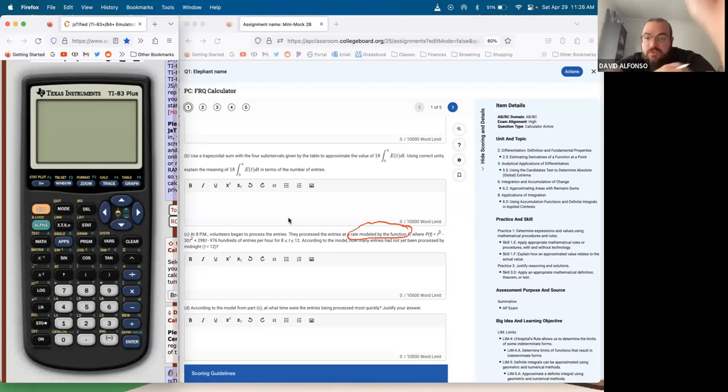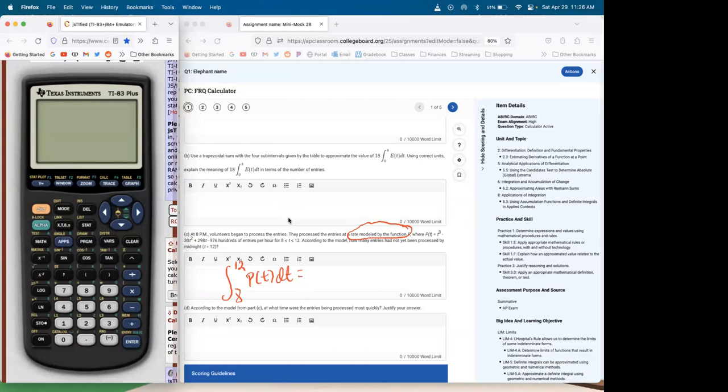So what do you think this would represent? Why am I saying that? What does that represent? Does that just represent E of t from 0 to 8?